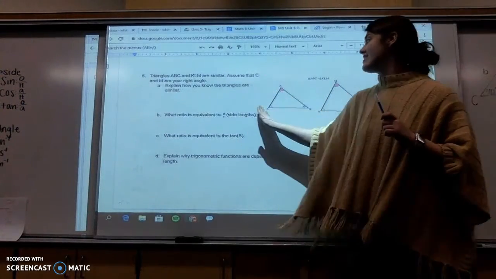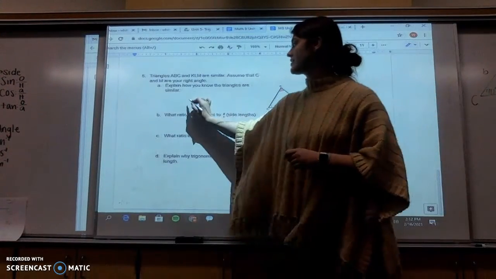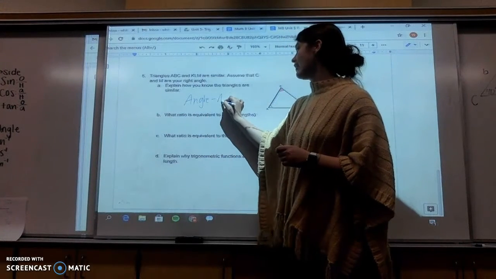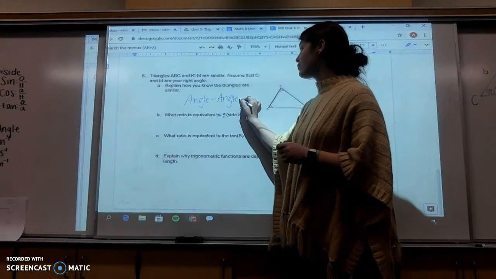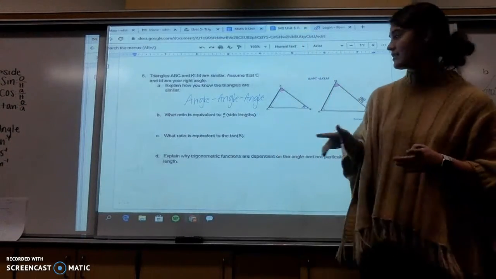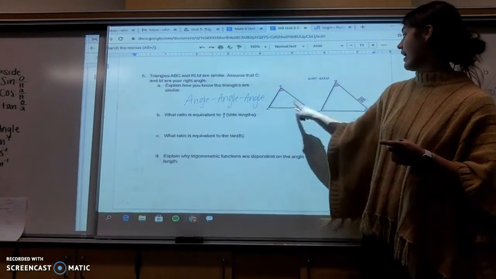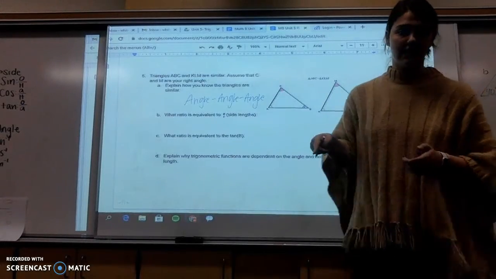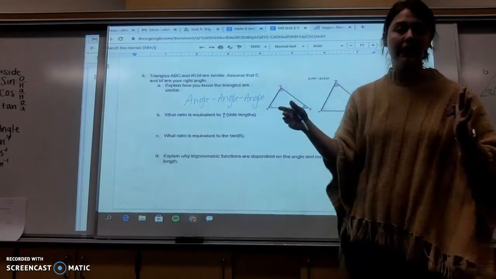We know that these are similar because they match angle, angle, angle. So we have 3 angle measures that are exactly the same. A and K are the same, B and L, and C and M. They're the same. Now remember that C and M are my right angles.